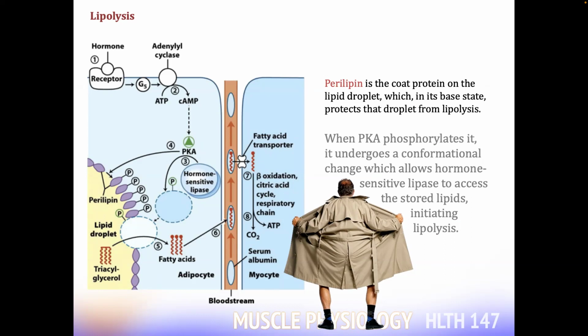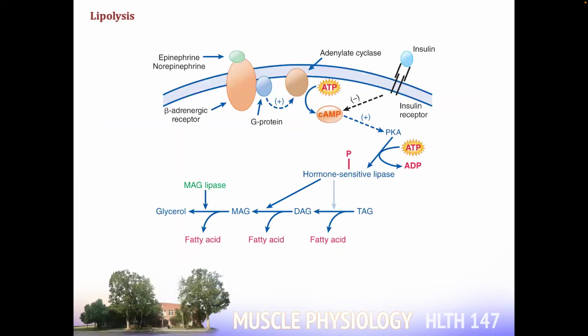So PKA phosphorylates perilipin and the coat opens. Then once the coat is open, PKA also phosphorylates hormone-sensitive lipase. You see the exact same signaling cascade here. PKA signaling, beta adrenergic receptor, adenylyl cyclase, cyclic AMP, PKA, and then PKA phosphorylating stuff.